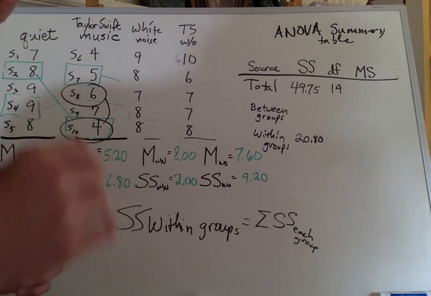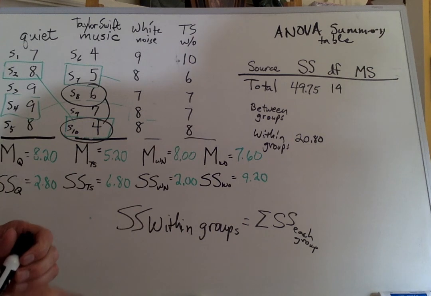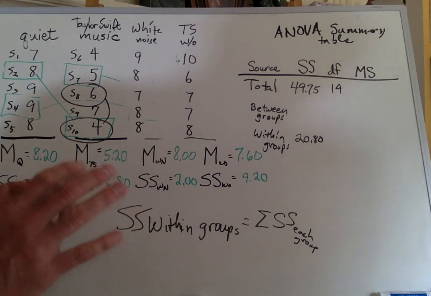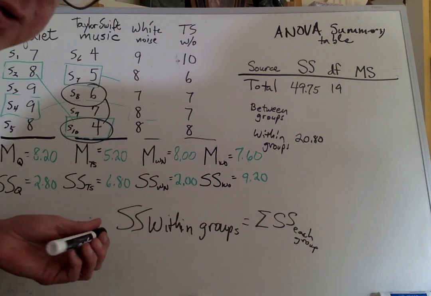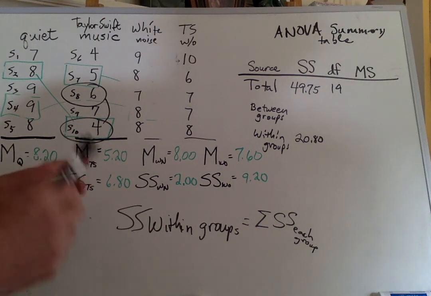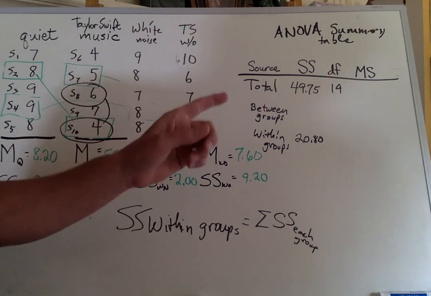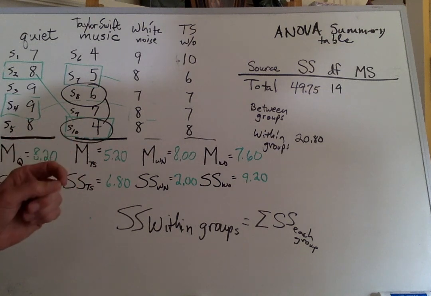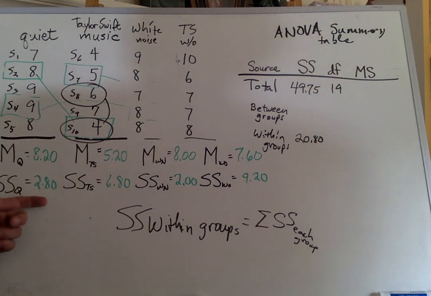Now, degrees of freedom. This one is a little bit more difficult. Take notes, that's all, right? For the within groups degrees of freedom, we're going to take the degrees of freedom for each of these sums of squares.